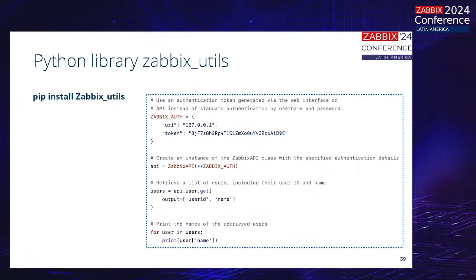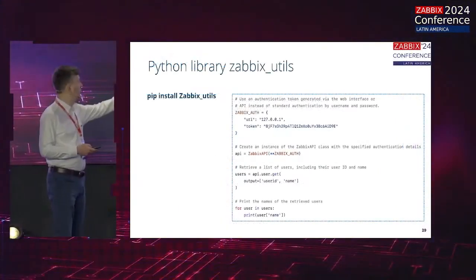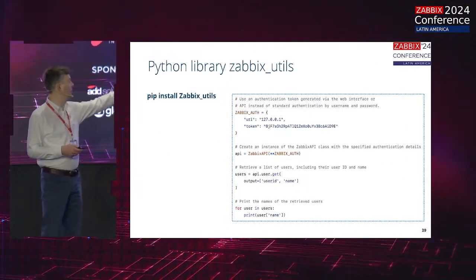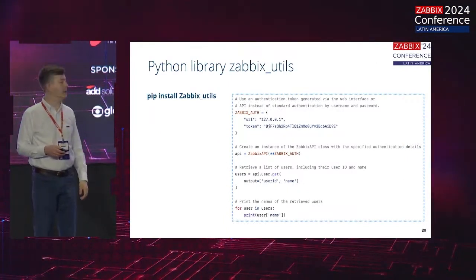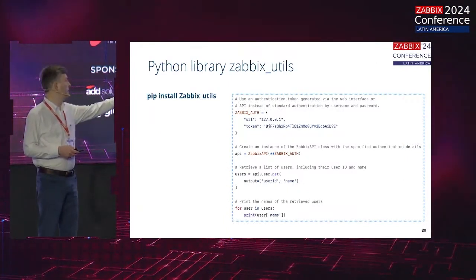Just a very quick example. So this is a very simple script, okay? We specify the URL, we specify the token, we create an API, and then we do the API call user get. We want to get the user ID, we want to get the name, and then we print the usernames.